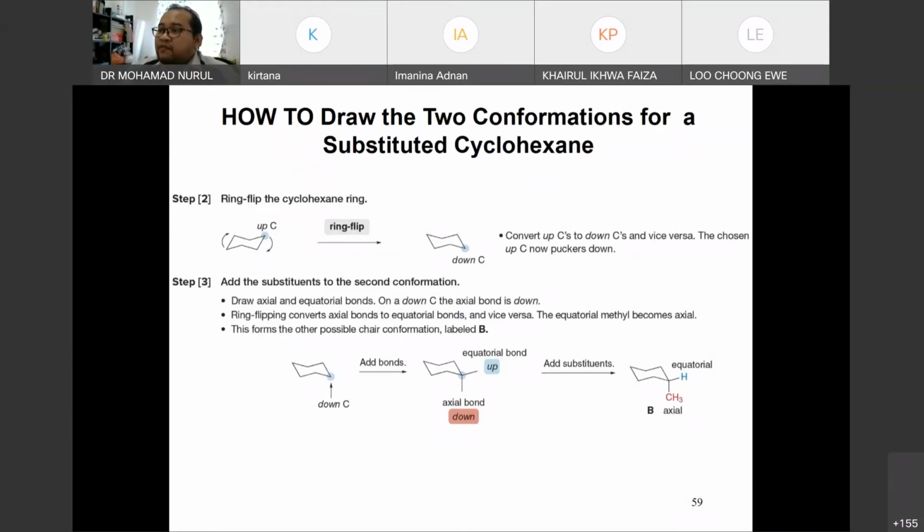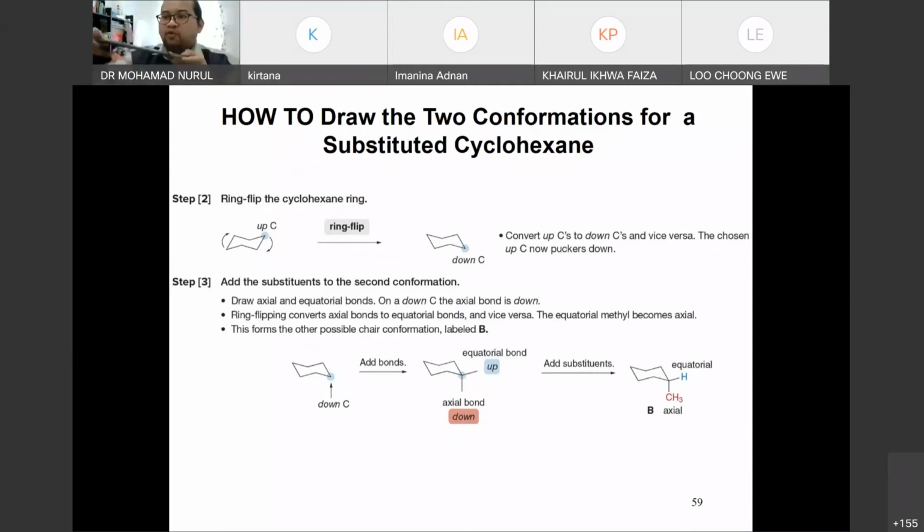The second step is to flip the cyclohexane ring. You can flip up and flip down. It's not a flip like this, as if you have a paper and flip it over. It's not that.